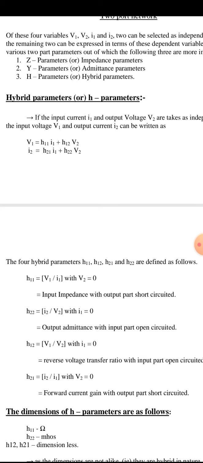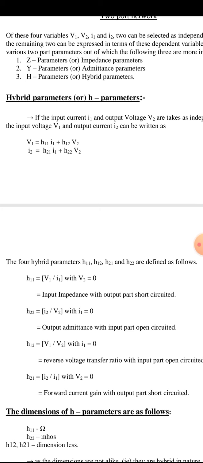And the fourth parameter H21 is called the forward current gain. How to calculate the forward current gain? At that time the output side is shorted, and H21 is equal to I2 upon I1.